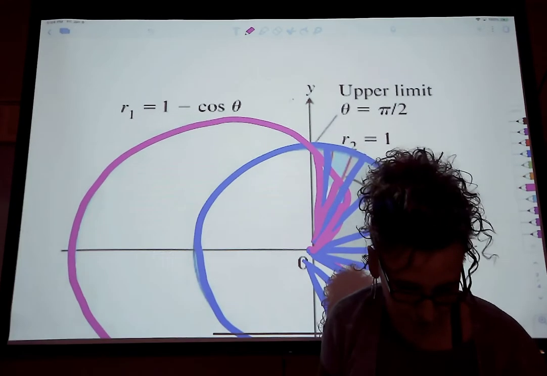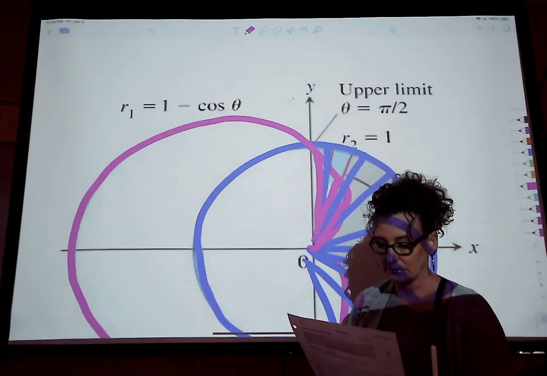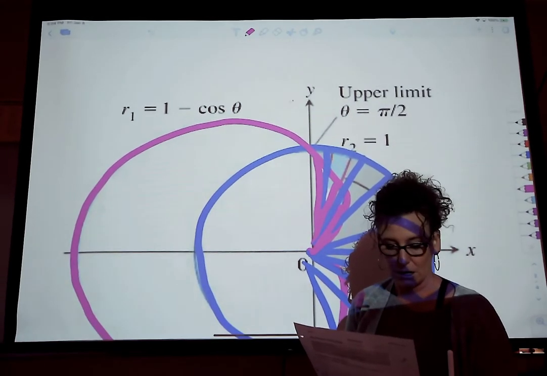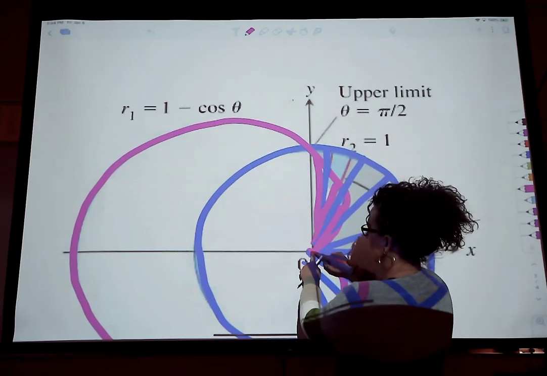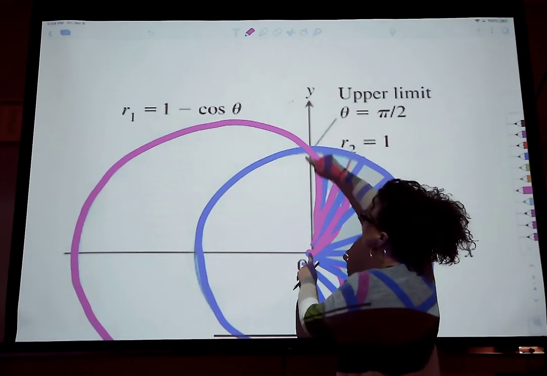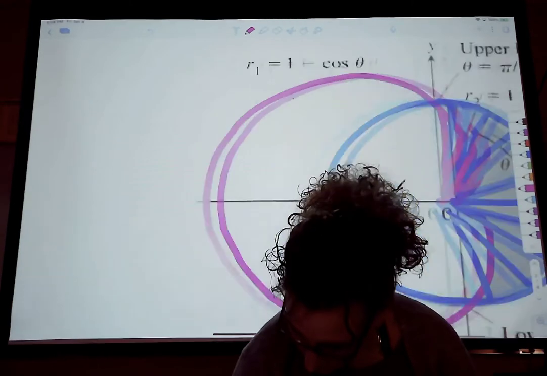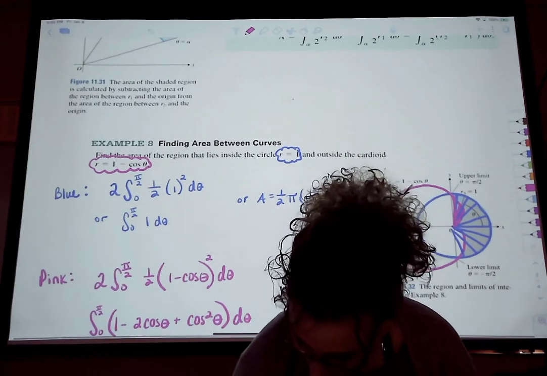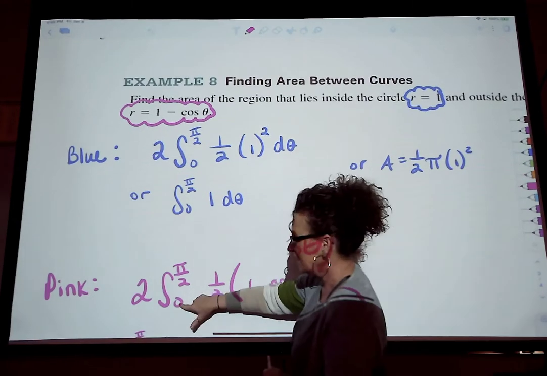And I found the angle to be pi/2. Theta equals 0. Theta equals pi/2. So for the pink, I'm going to start it here and stop it here.